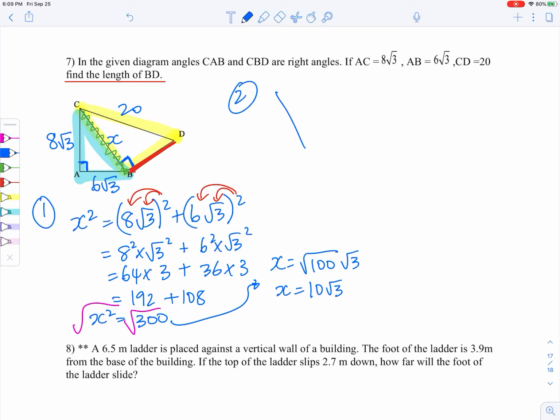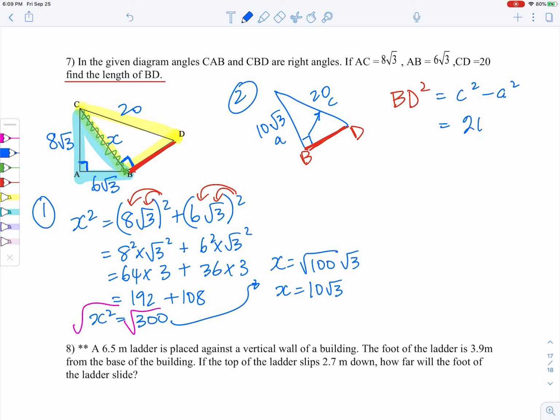Second, now we have this triangle where we know that this is 20, we know that this is 10 root 3, and we're trying to find BD. So BD squared is going to equal the hypotenuse, c squared, minus our other side, a squared.